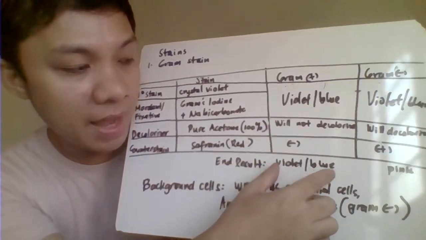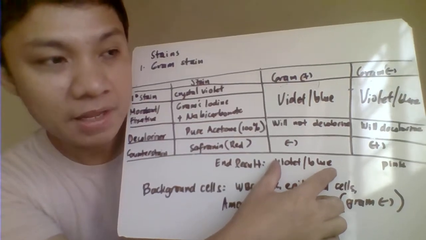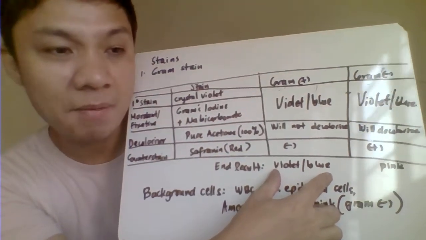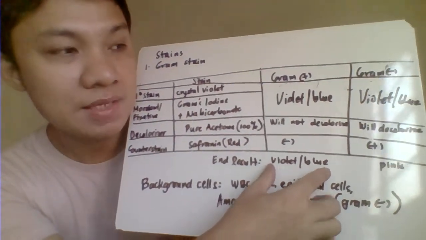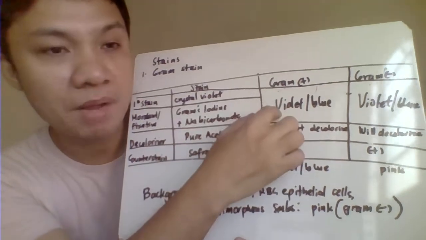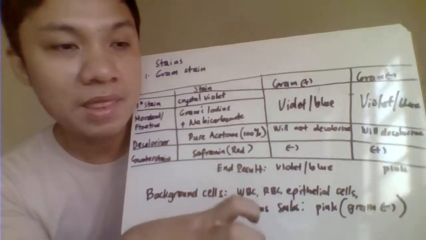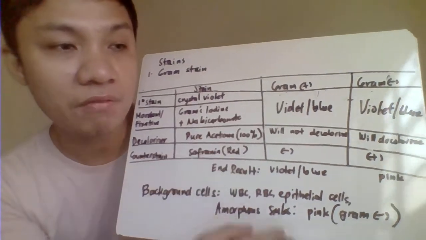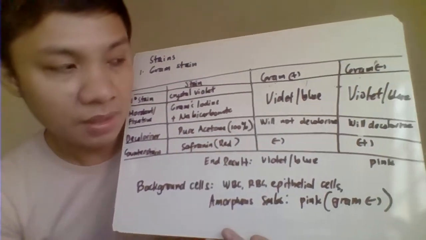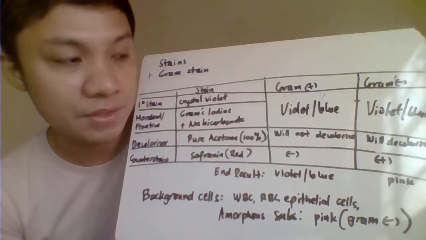And therefore, you end up with violet or blue for your gram-positive. It retains the color of your primary stain because the stain is trapped within your bacterial cell by the coagulum produced upon application of your pure acetone.